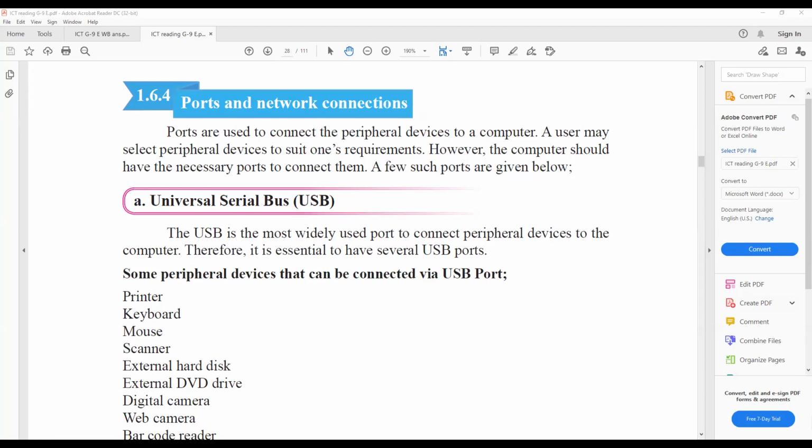You can connect keyboard, mouse, right? Tablets, printers, many things. So if you look at the backside of a computer, there are many ports there.